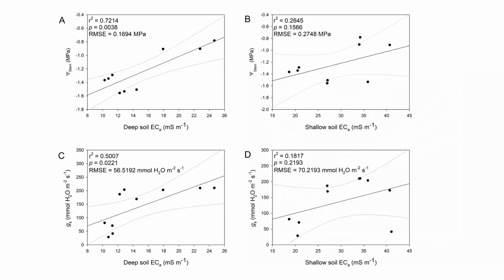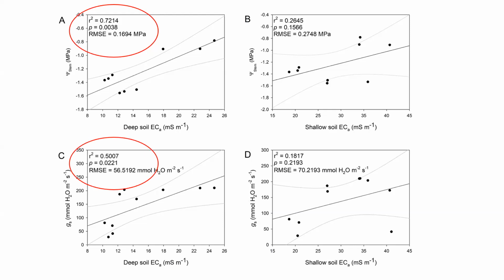We noticed that the deep soil ECa was closely related to stem water potential with an R-square of 0.72 and p-value of 0.0038. However, the same relationship was not evident in the shallow soil layer.